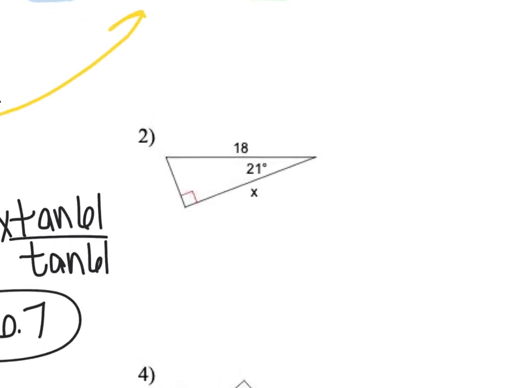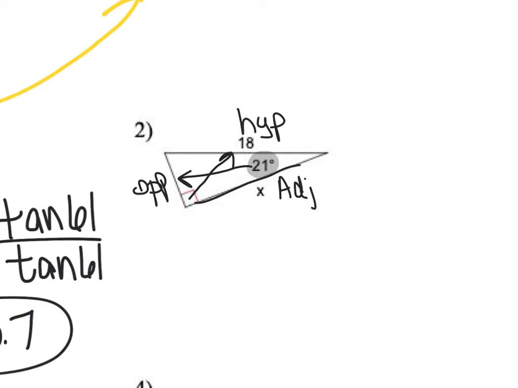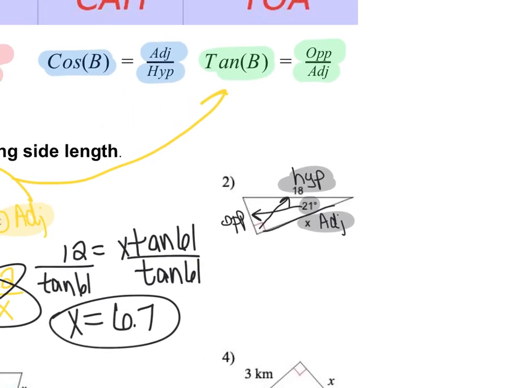On number 2, again, same thing. Let's identify. Here's our 21-degree angle. And opposite of it, we don't have any information about. The hypotenuse we know is 18. That's across from the right angle. And x is our adjacent side. So if I have information about adjacent and hypotenuse, that tells me I am going to use cosine.